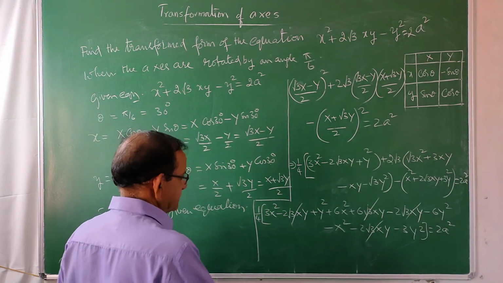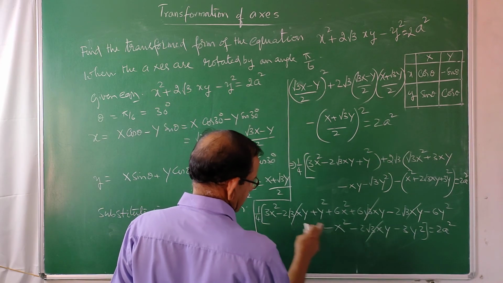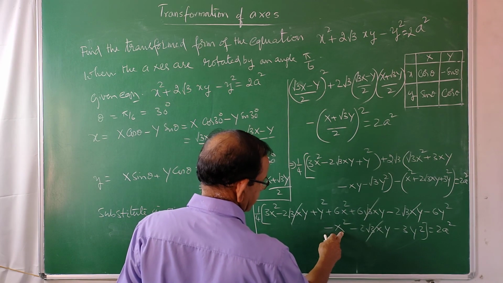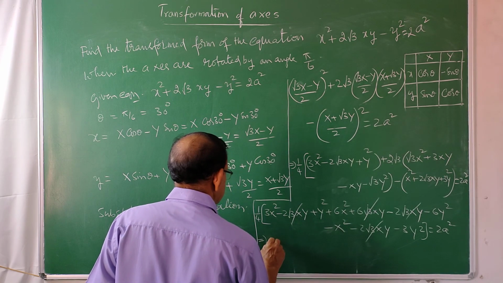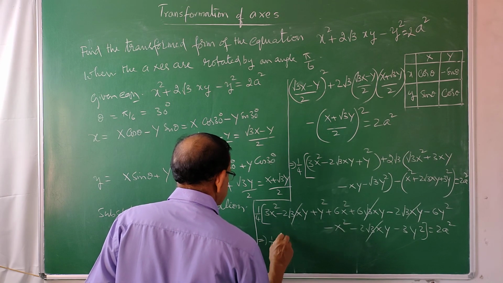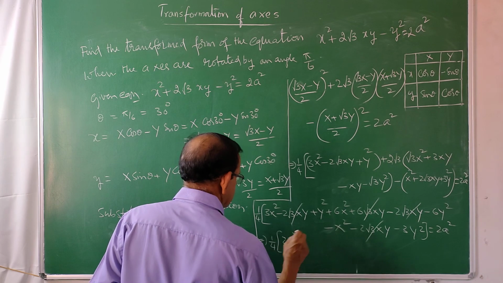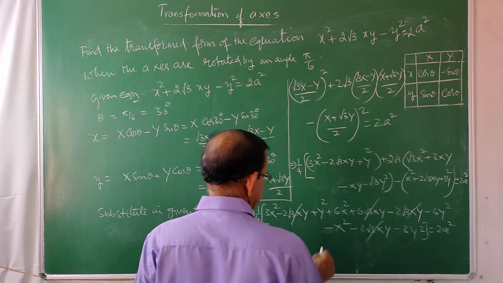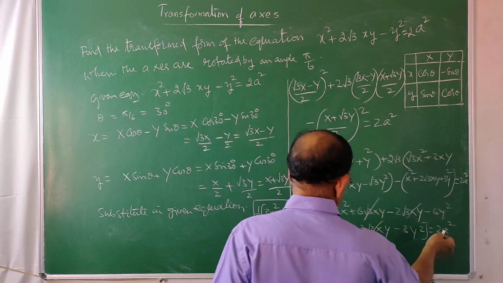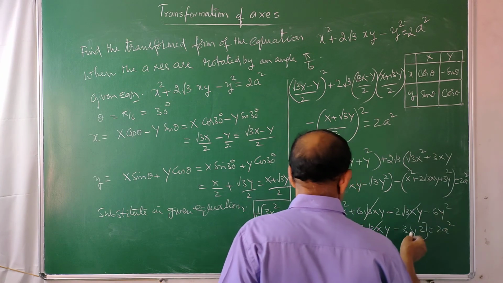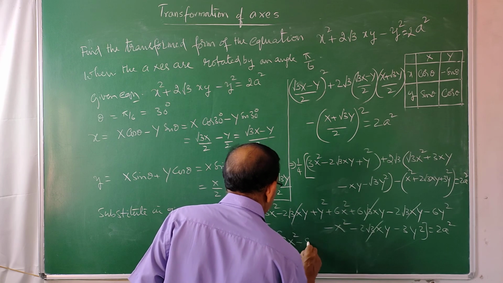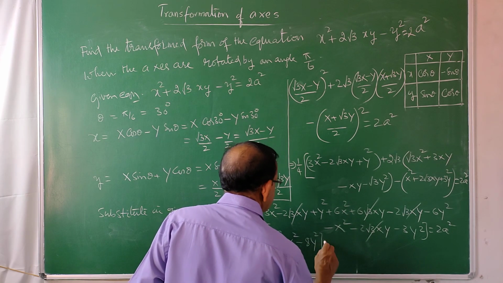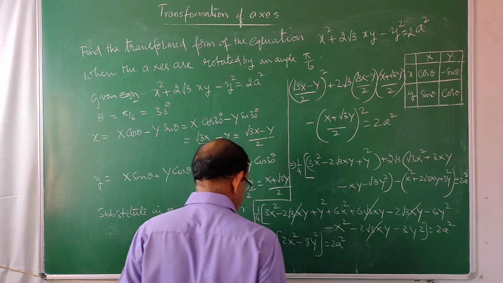Now the remaining terms, 3x square minus x square, that is 2x square. Now the y square terms, y square minus 9y square, that is minus 8y square, is equal to 2a square.